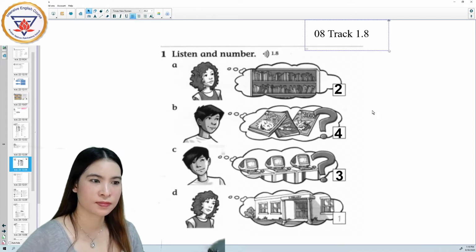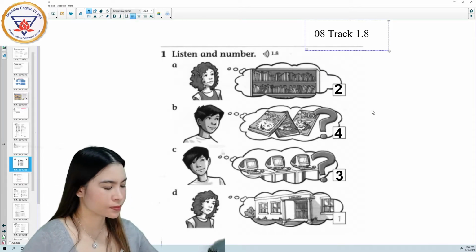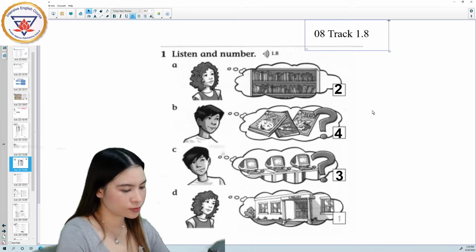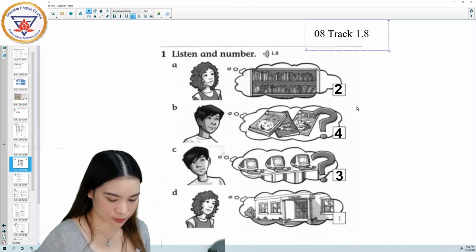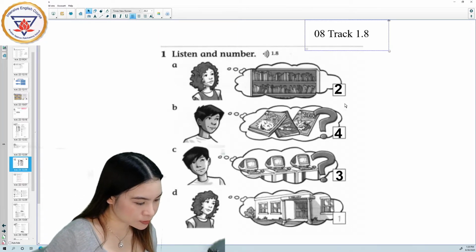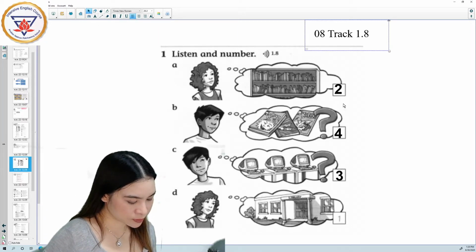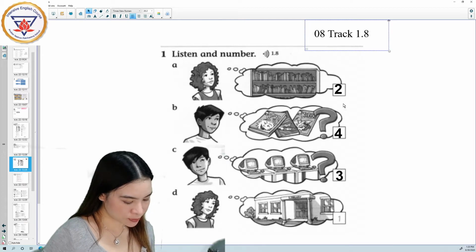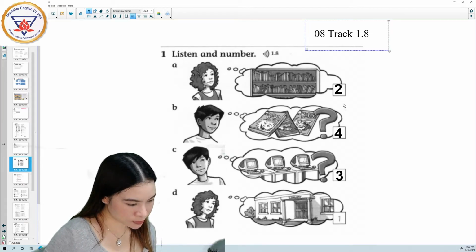Listening 1.8. Listen and number. I love the new library. It's great. Number 1. What was the old library like? The old library? It had small windows and there was a wooden door. Number 2. And what about inside the library?